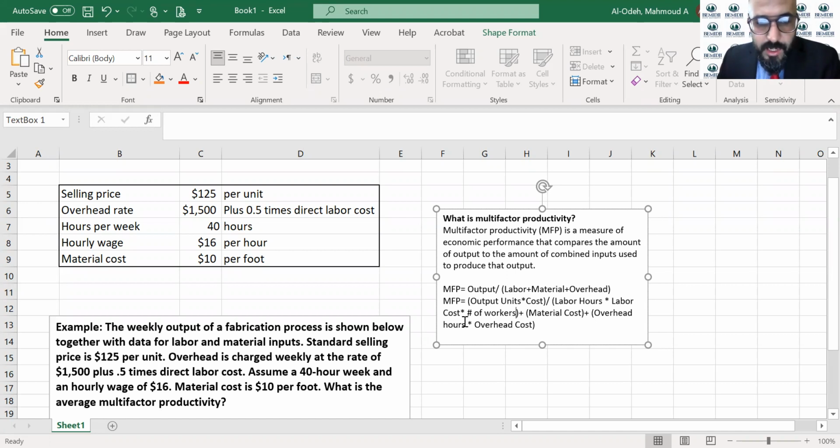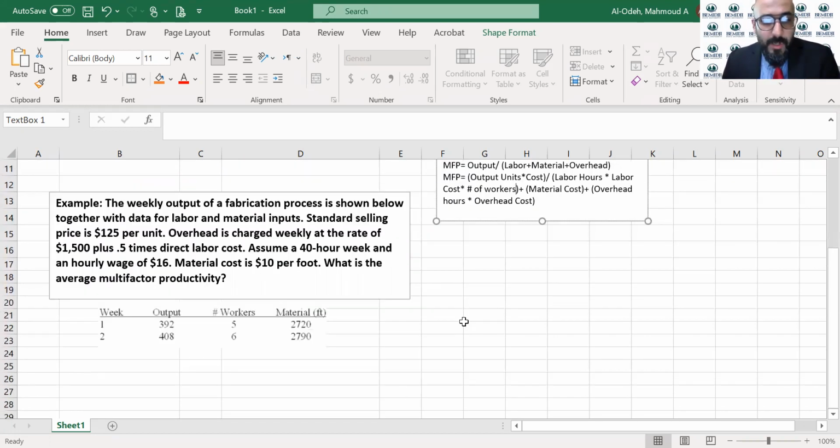Overhead is charged weekly at the rate of $1,500 plus 0.5 times the direct labor cost. Assume a 40-hour week and an hourly wage of $16. Material cost is $10 per foot. What is the average multi-factor productivity?